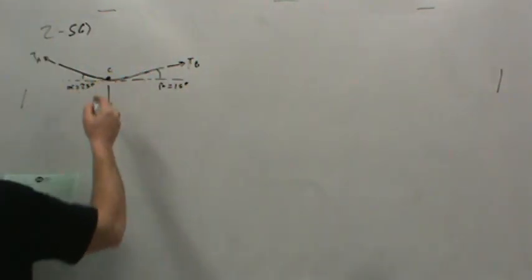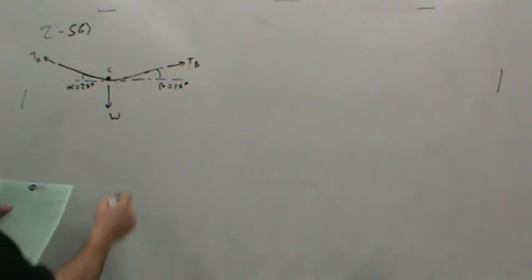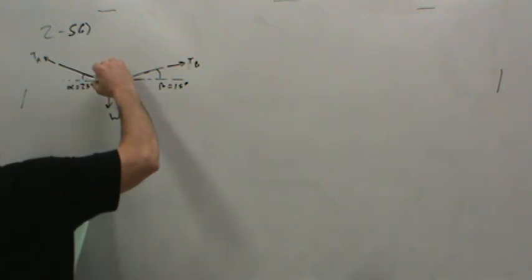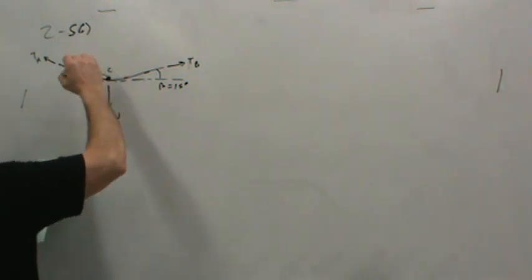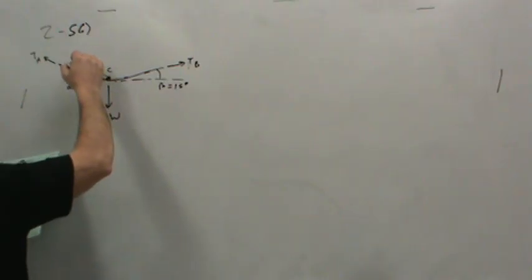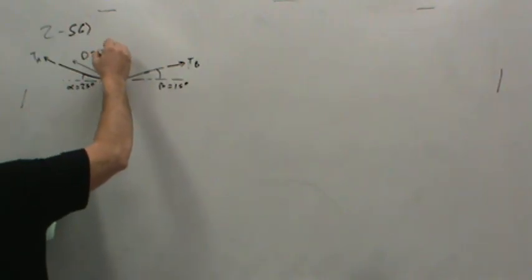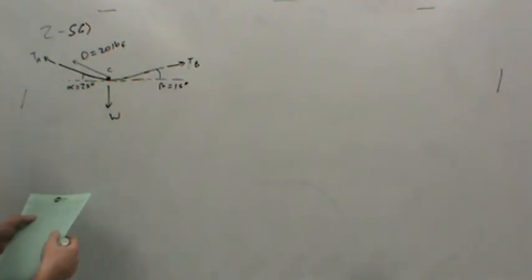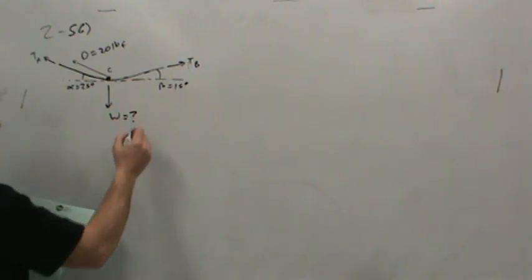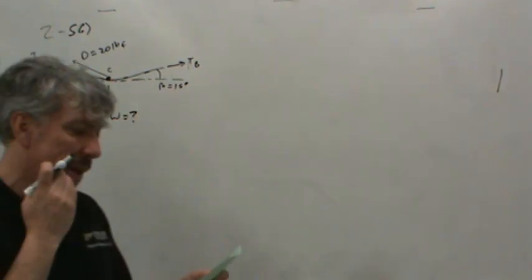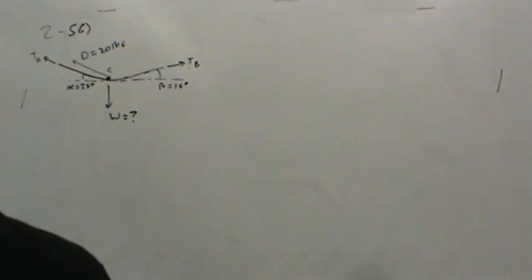There's a pulley that rolls on the cable, but there's also a force on the center of that pulley, pulling the pulley upward with a force D, which is equal to 20 pounds. We're supposed to find the combined weight of the sailor and the chair, and also the tension.